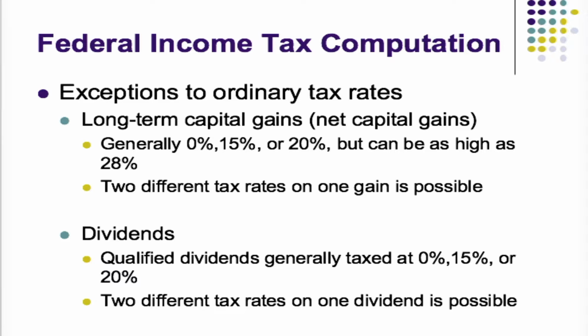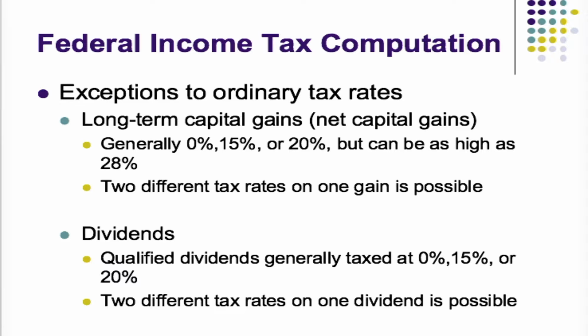Again, that is dependent on what your ordinary income tax bracket is. And depending on how much gain you have, you could have more than one tax rate on the same gain.